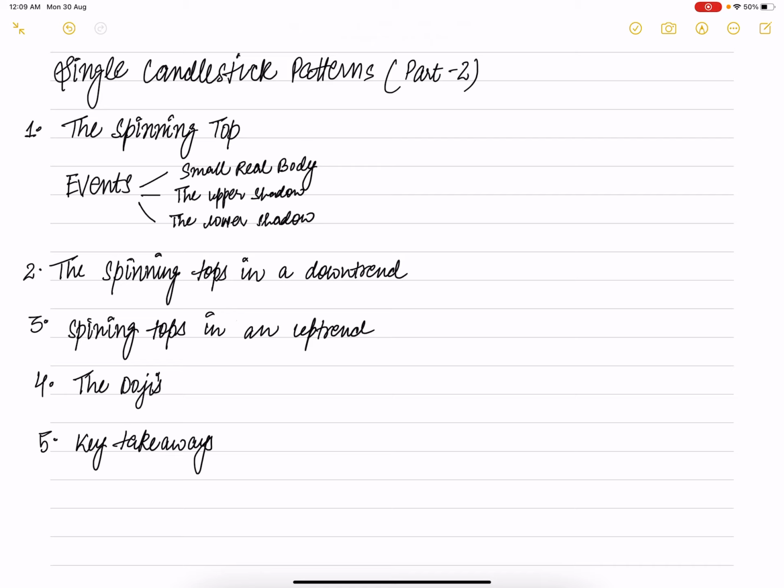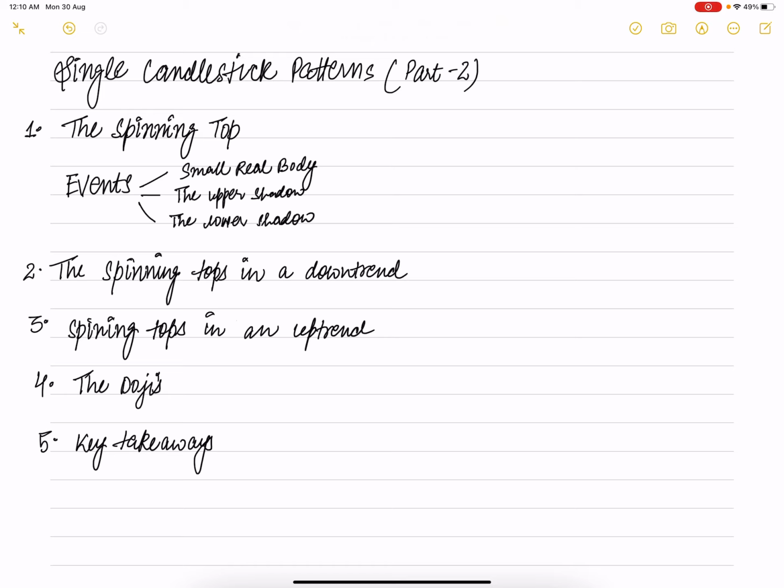Both these situations lead to the creation of a small body, because a 3-point move on a 200 rupees stock is not much, as the open and the close price are near to one another. The color of the candle does not really matter. It could be a blue or red candle. What really matters is that the open price and the close price are near to one another.